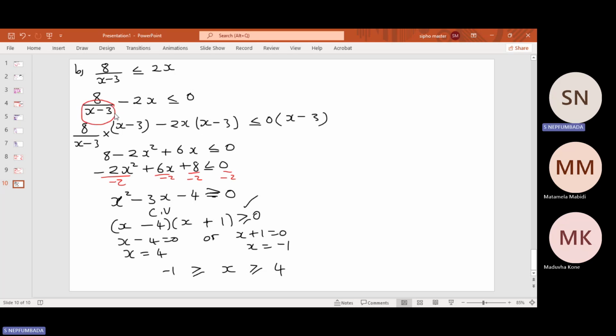So remember, here over 1. And this is like over 1. Over 1. With the denominator, this one and this one cancel.